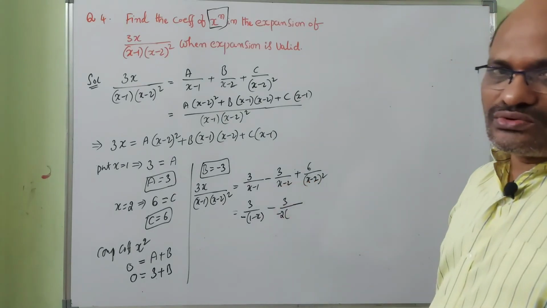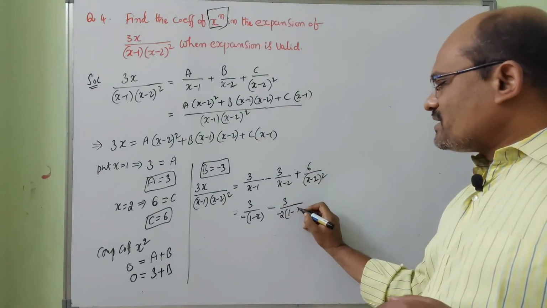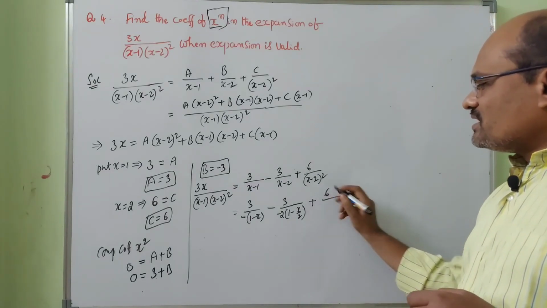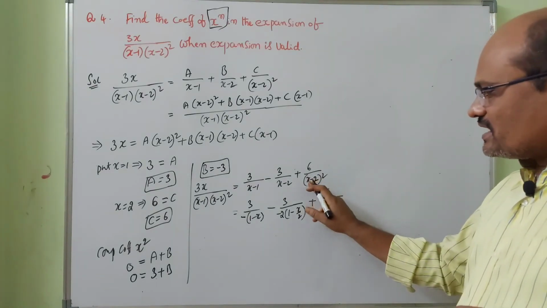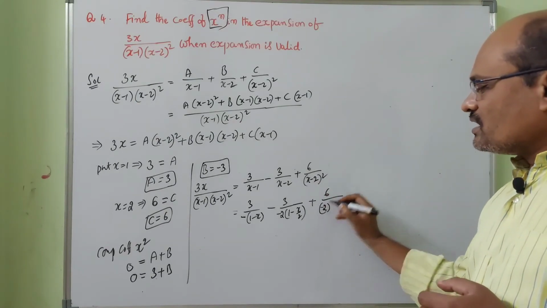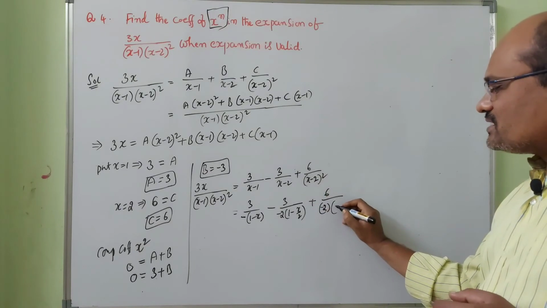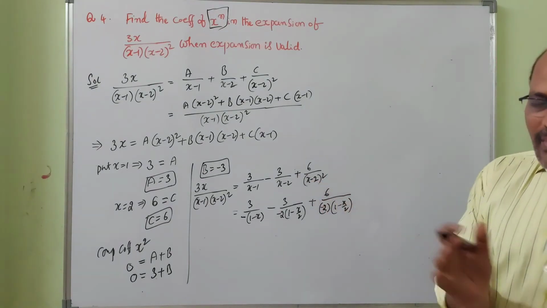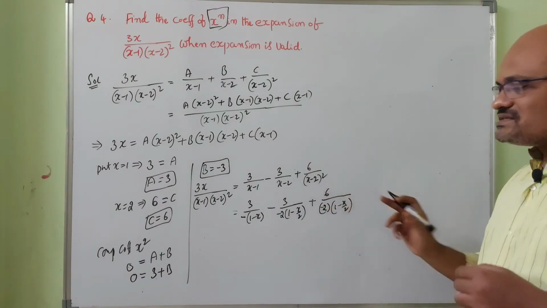If I take minus 2 common, I will get 1 minus x by 2. Here also same thing I am doing. Here minus 2 I am taking common. In x minus 2, take minus 2 common, you will get 1 minus x by 2.